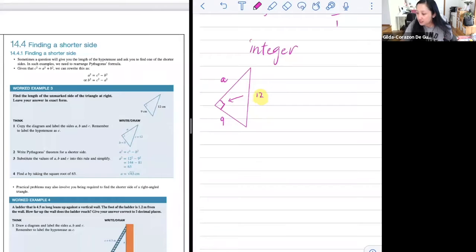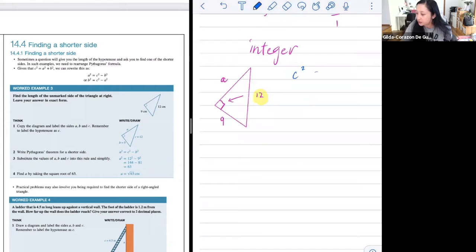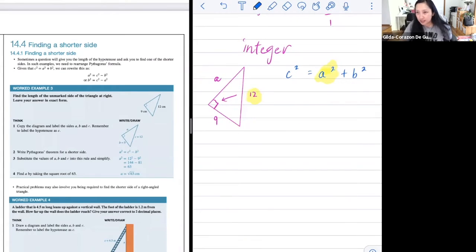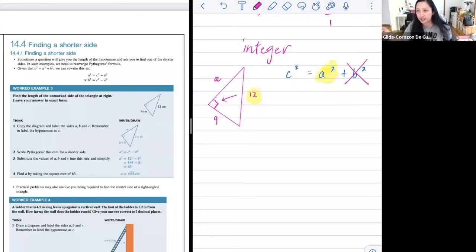We remember that our working formula is C squared equals A squared plus B squared. But we want A squared by itself. What we want to do is get rid of this B squared here, right? But you can't just get rid of it by crossing it out. You have to maintain the balance, because you're saying that the left side is equal to the right side, correct?